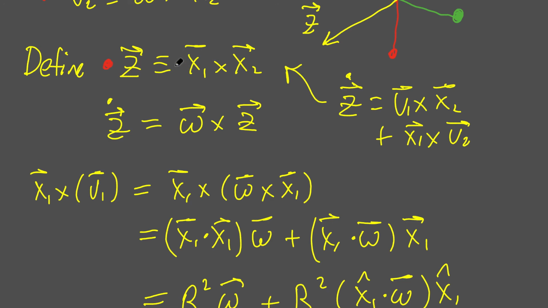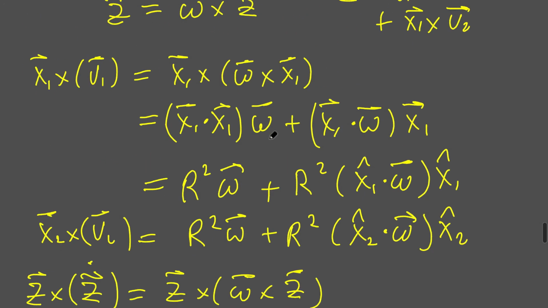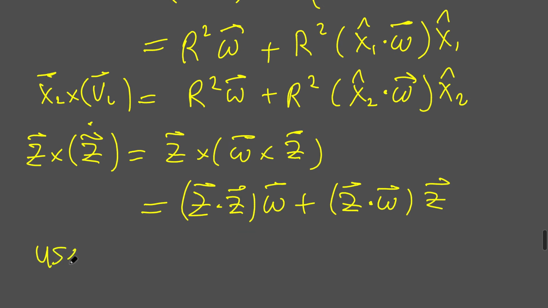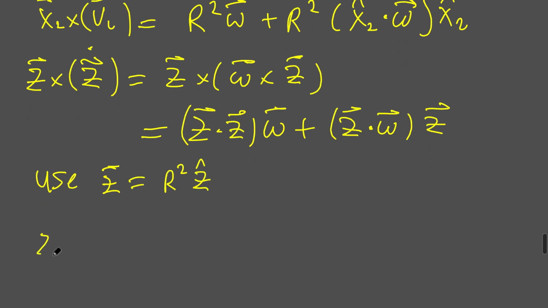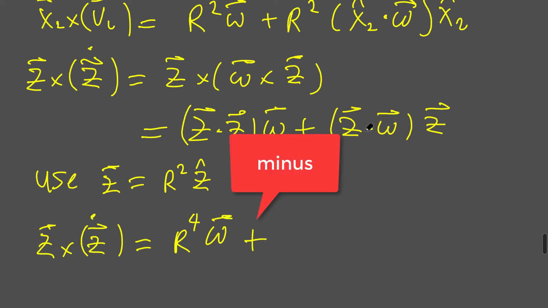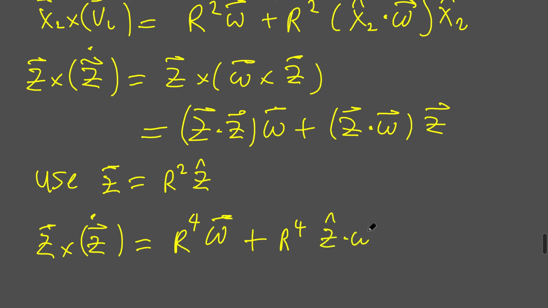So it's r squared times what we'll call z hat. So we'll use z equals r squared times z hat. And then that tells us that z cross z dot is equal to r squared times z hat dotted with itself times omega, so that's r to the fourth times omega. And here if we pull out an r squared from each of these, we have r to the fourth times z hat dot omega times z hat.